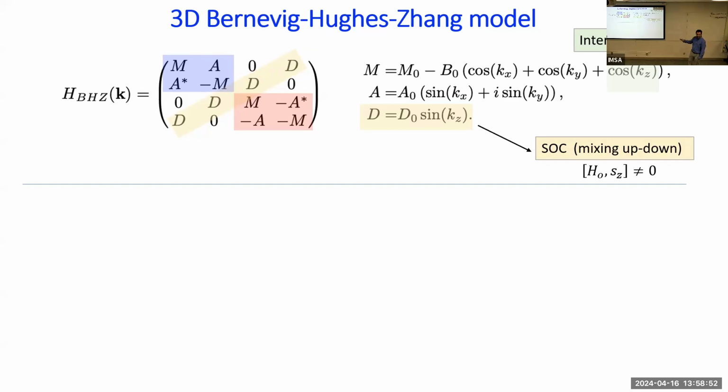Spin-orbit coupling is related to this D because it mixes the up and down electron, but this extra C component is also there to preserve time reversal symmetry. We have preserved time reversal and inversion symmetry, but we don't preserve the C component of the spin.